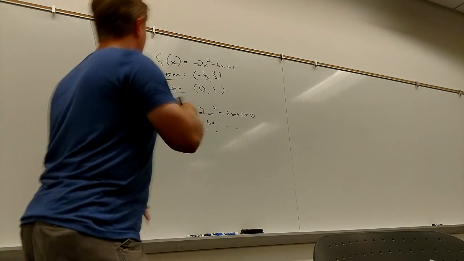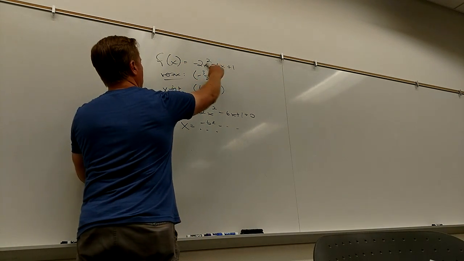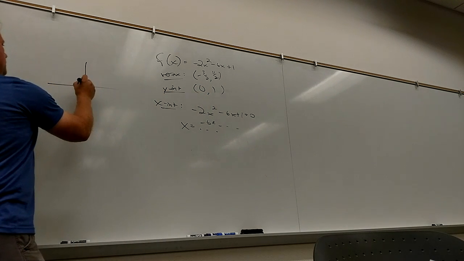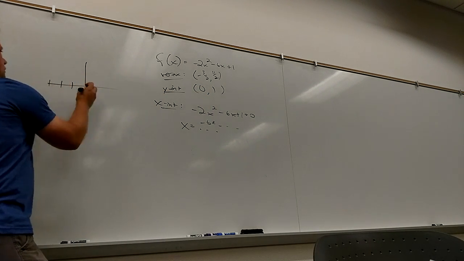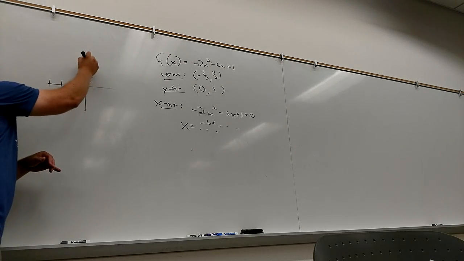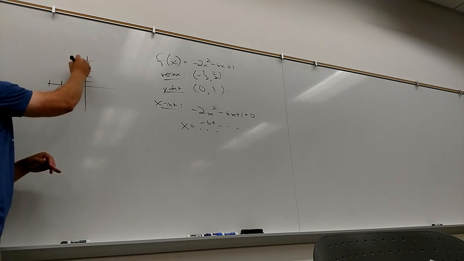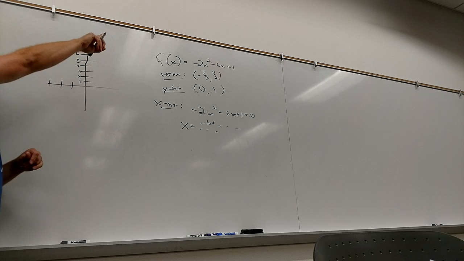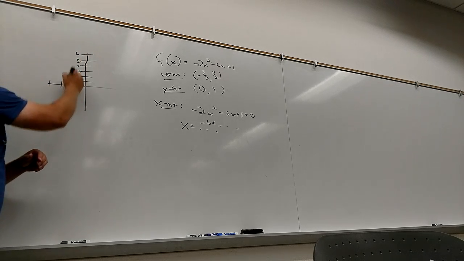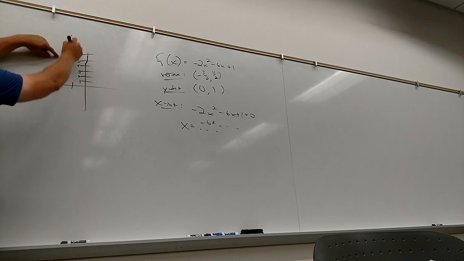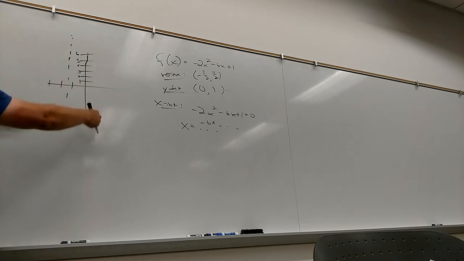The axis of symmetry is always going to be x equals the x piece of the vertex, because wherever the vertex is, the axis runs right down the middle. The vertex is negative 3 halves, so negative 1 1/2, and then 11 halves, which is 5 1/2. It's going to be a parabola like this.